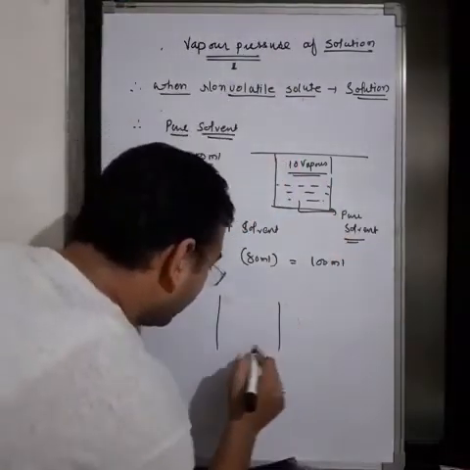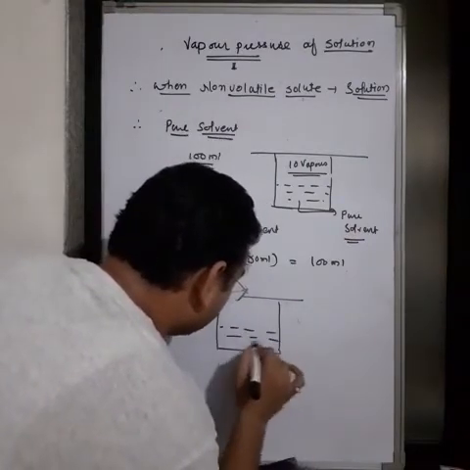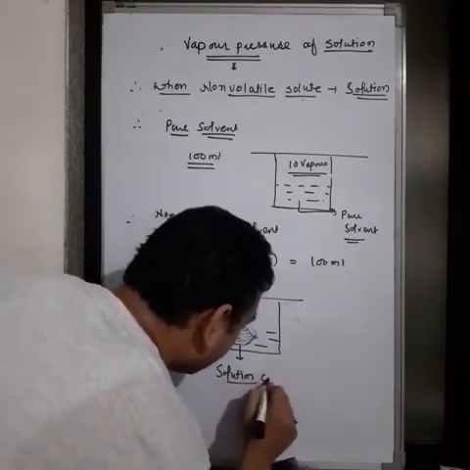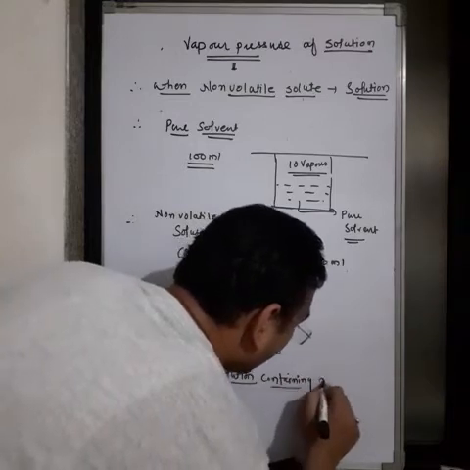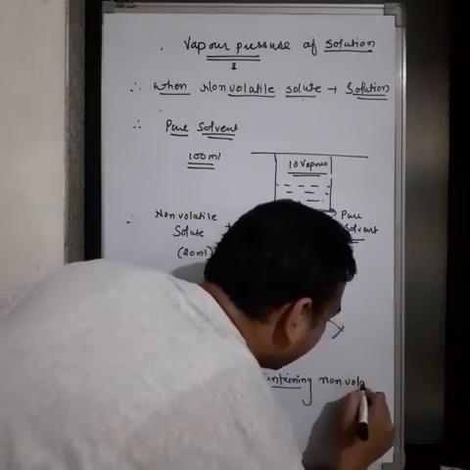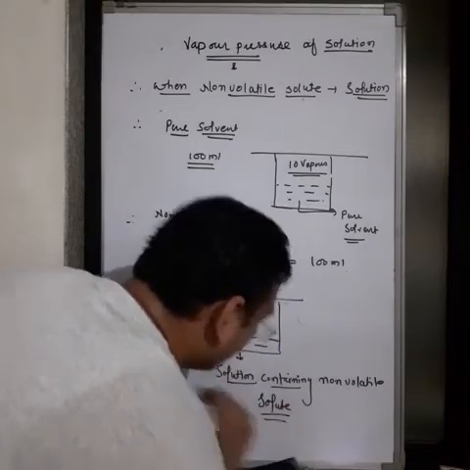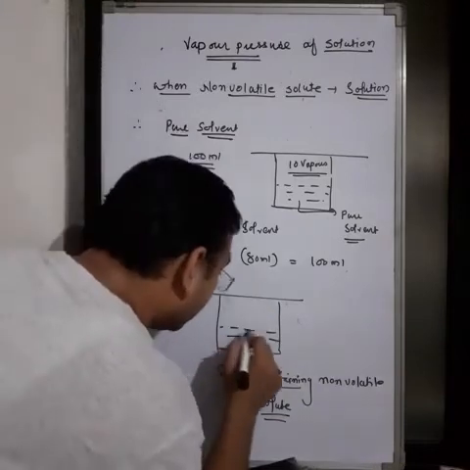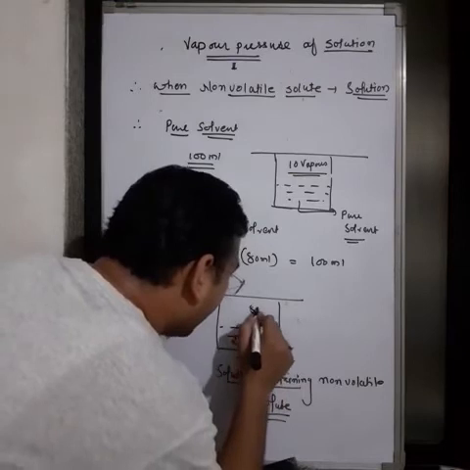Here this is solution containing non-volatile solute. So here this 20 plus 80, this 80 gives 8 vapors.